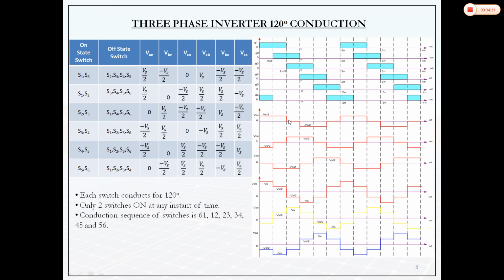So you are getting the same shape, but the magnitude is now Vs upon 2. If you do the Fourier analysis of this, you will get the same result, but you have to replace Vs with Vs upon 2.